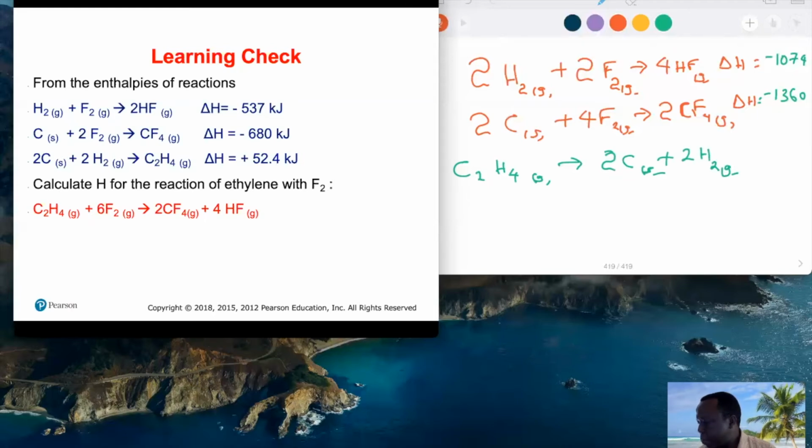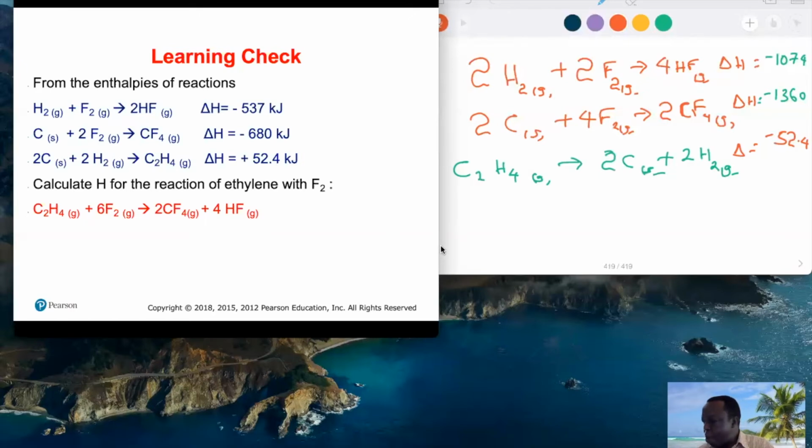And the enthalpy of reaction for this is negative 52.4. When you reverse the equation, the sign for enthalpy changes. When you reverse, the enthalpy of reaction changes.